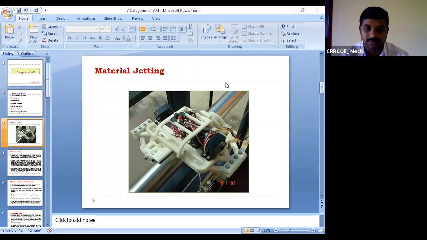Jetting means the material which is passed or allowed with a high velocity through a small orifice or a nozzle. Orifice means a small opening. So in jetting, the material will be forcefully passed through that particular part.